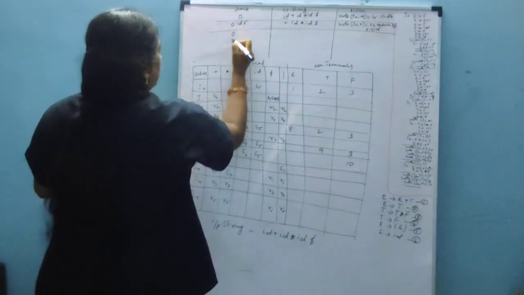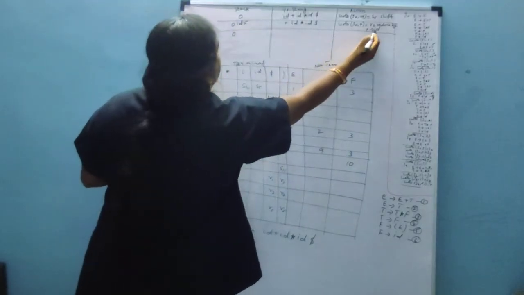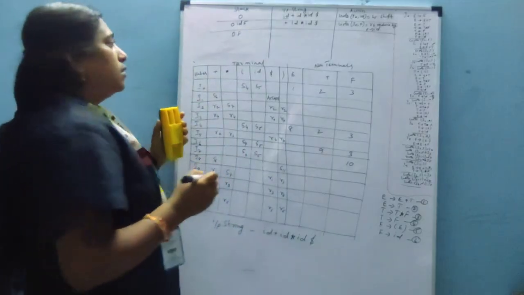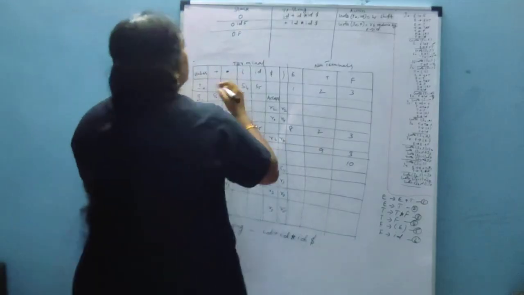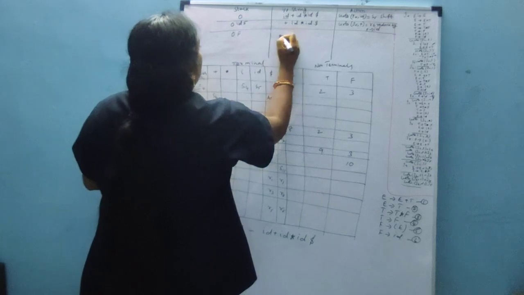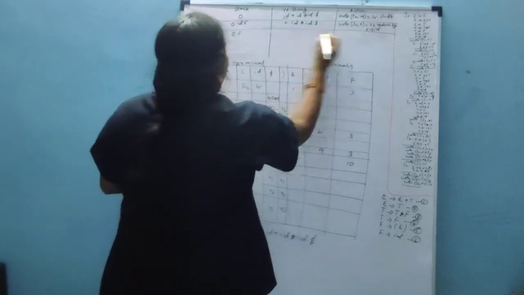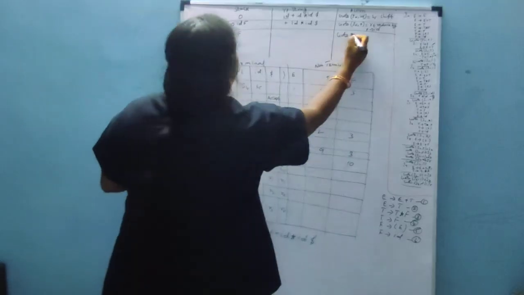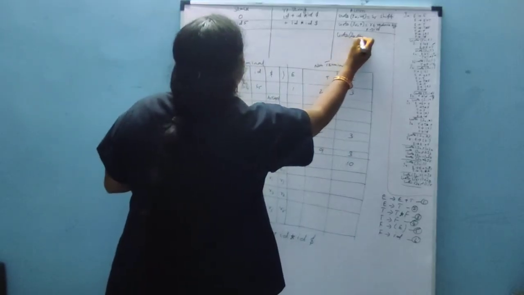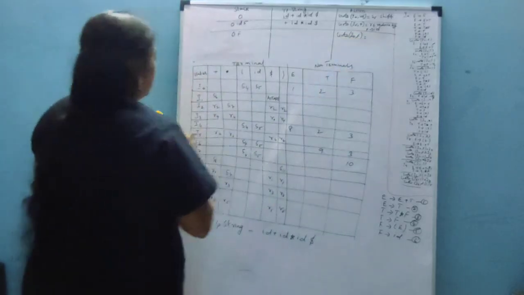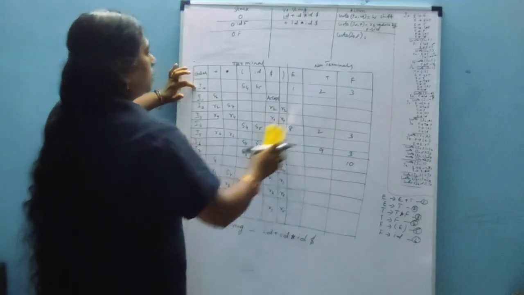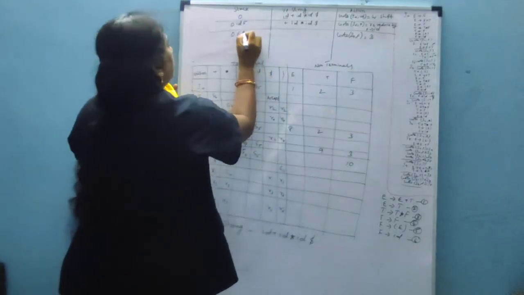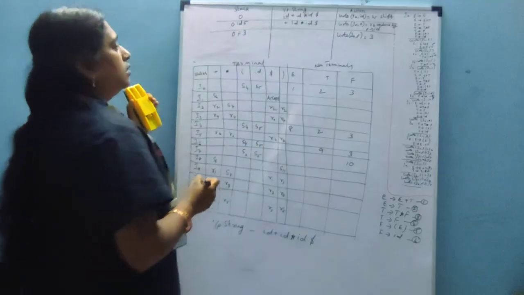So 0, F tends to id. So id is replaced as F, reducing. This is the reduce concept. Then now we write go to I0 comma F, I0 comma F as 3. So that number should be added here.